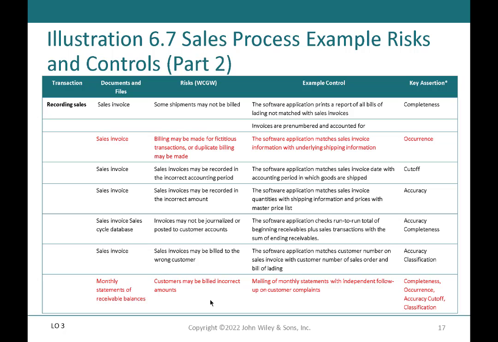So remember, we talked about in earlier chapters that the auditor will follow up with customers to verify the amounts of accounts receivable that are showing up on the balance sheet. So this monthly statement of receivable balances, it's a breakdown basically of who owes how much to the company. As an auditor, we will scan over that document and try to verify that the actual goods that have been shipped out have been billed correctly and our client isn't billing incorrect amounts.